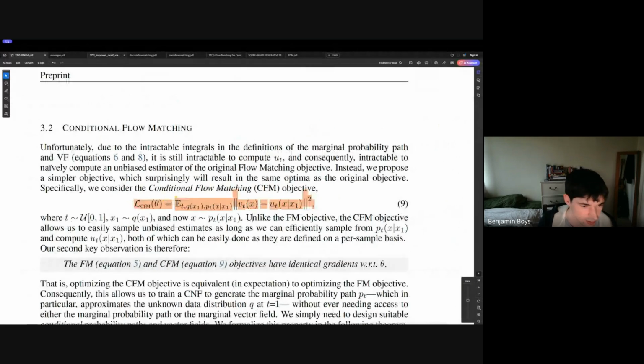I think V is like the neural network, and you parameterize it by theta, and you also feed into the neural network the data x1. No, you don't, because you won't know that at inference time. So that's the thing, right? When you're denoising, you don't know what the denoised data point is.